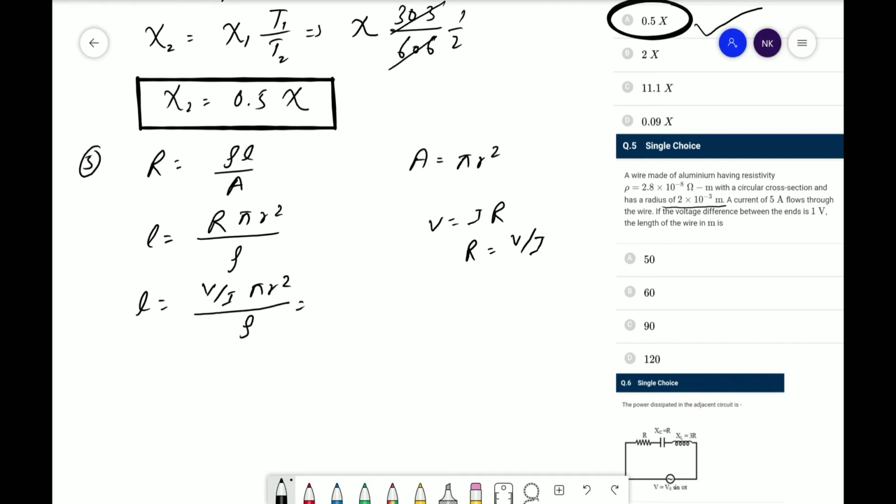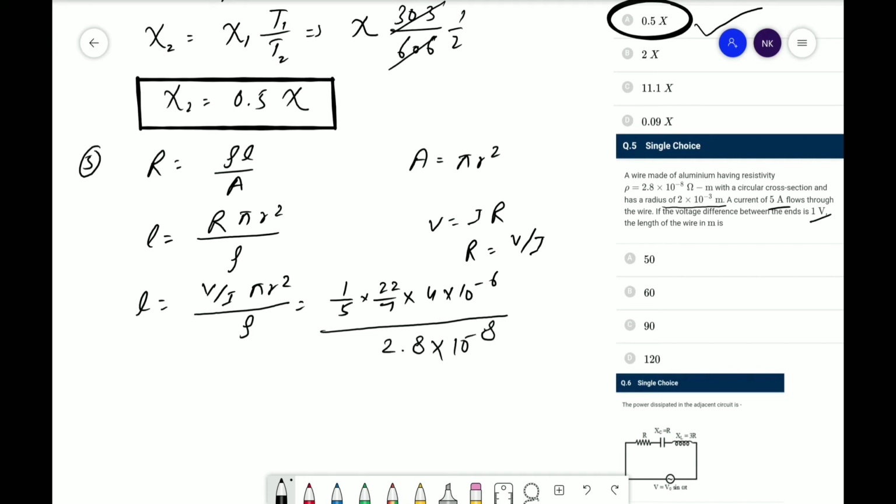Now what is given, that 1 volt, 5 ampere. Therefore 1 volt divided by 5, the value of pi means 22 by 7, R square means 2 into 10 to the power minus 3 squared, hence 4 into 10 to the power minus 6, and divided by resistivity 2.8 into 10 to the power minus 8.